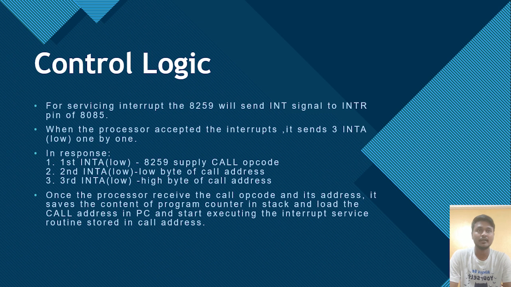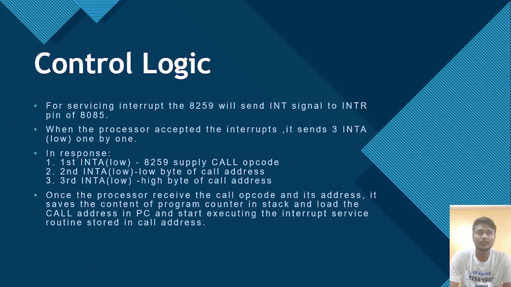Now let's talk about control logic. For servicing interrupt, the 8259 will send the INT signal to the INTR pin of 8085. When the processor accepts the interrupt, it sends 3 INTA low signals one by one, and in response to the first INTA low signal, 8259 supplies the call opcode, to the second INTA low signal, it supplies the low byte of the call address, that address which is needed to be called, and the third INTA low signal is the high byte of the call address, that is the upper end of the call address.